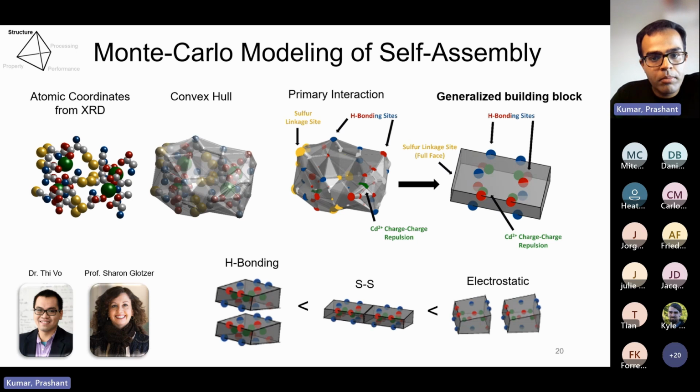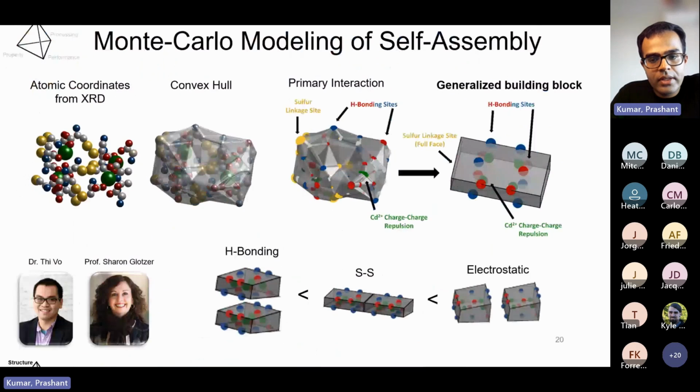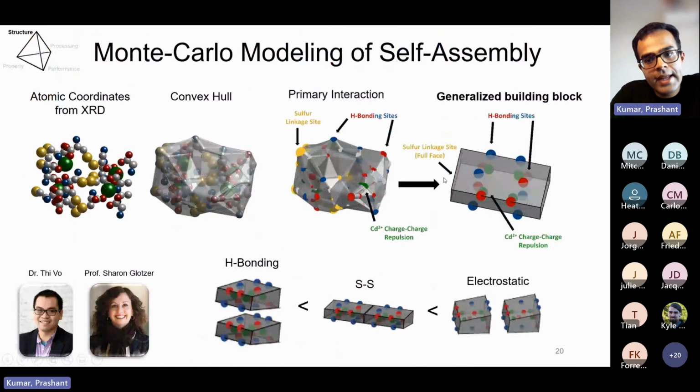It's written here. But ultimately, what they did was, you have to focus on this right-hand side, where the complexity of the molecular structure or the atomic structure that was there, they isolated the primary interactions present between these nanoclusters or nanoparticles.